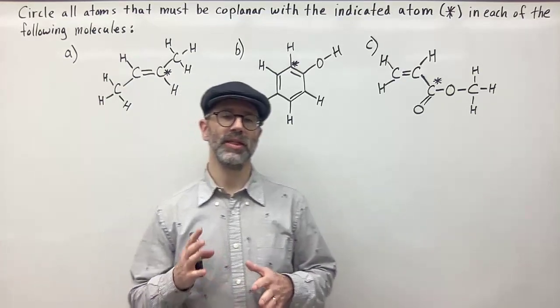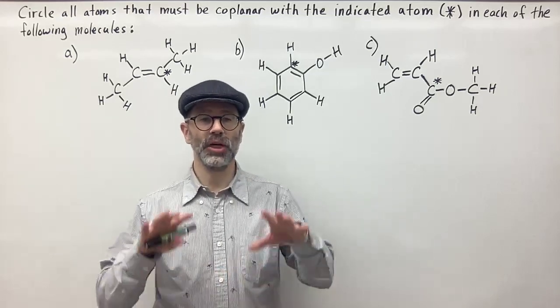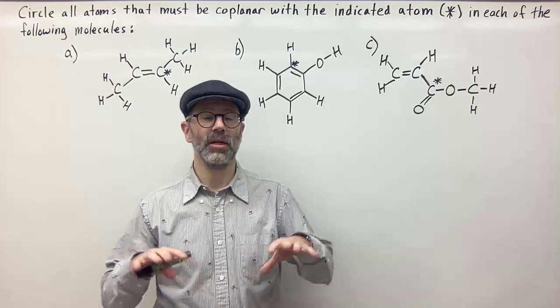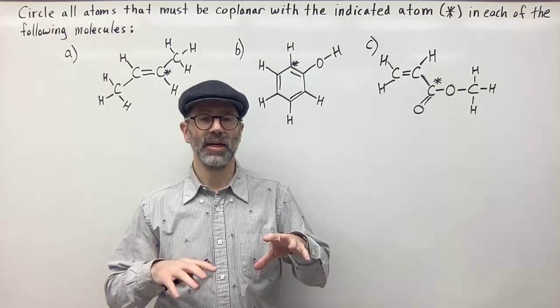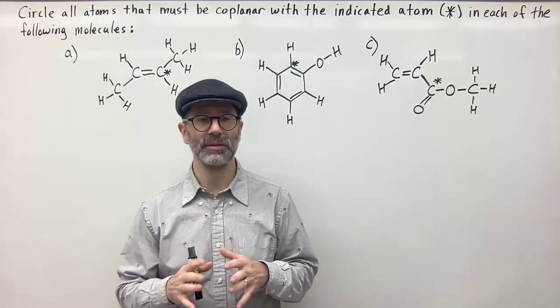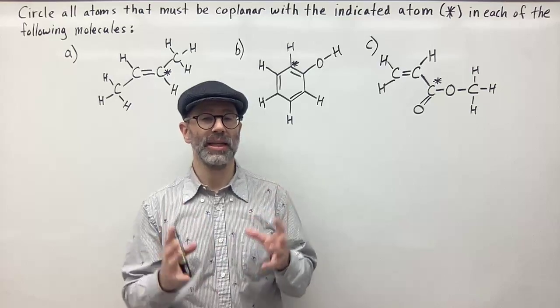When you're dealing with whether they're in the same plane, you know they're going to be in the same plane if the hybridization of the atoms is sp2 hybridized, meaning that they have 3 electron groups around the atoms.